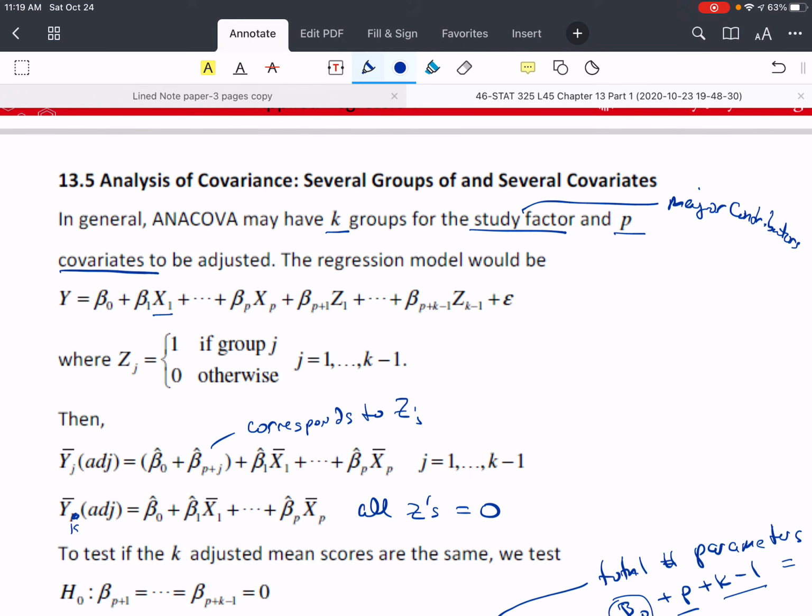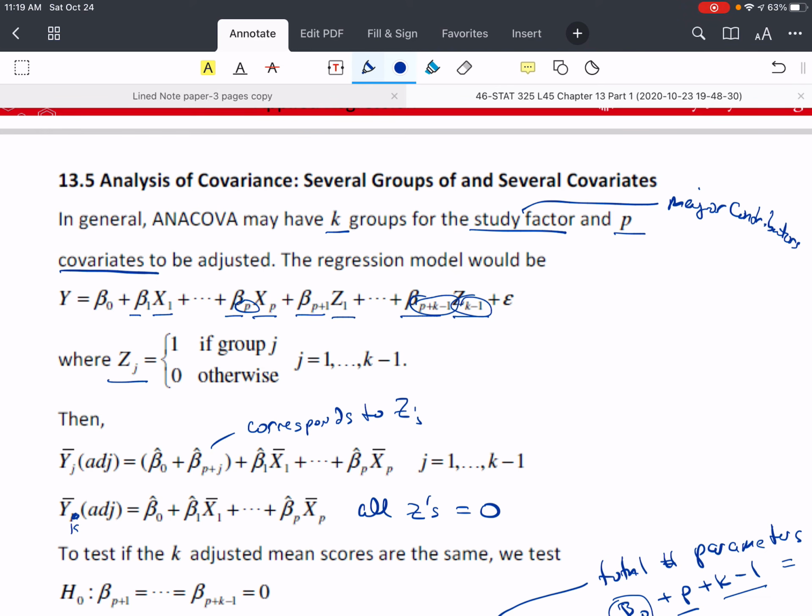We have x1, x2 up to xp, and then we have z1 up to z k minus 1. Notice that beta 1 up to beta p, and then beta p plus 1, all the way up to beta p plus k minus 1. So that's k minus 1 plus p, giving us p plus k minus 1.